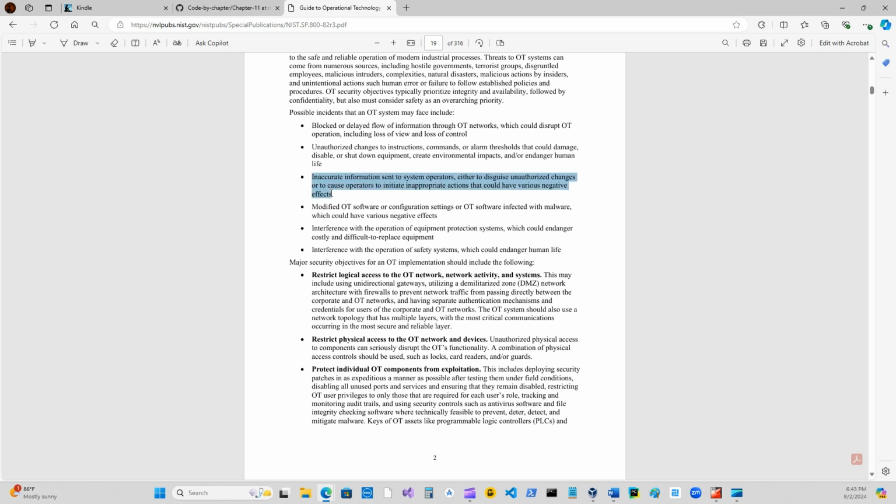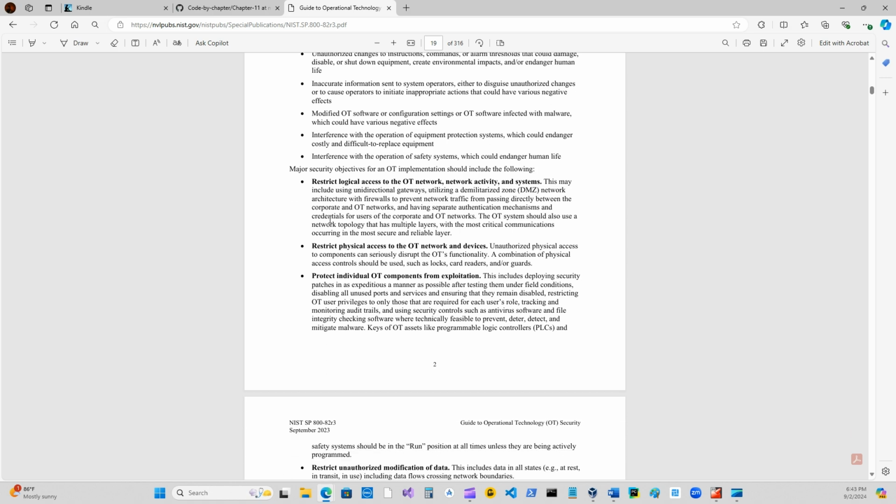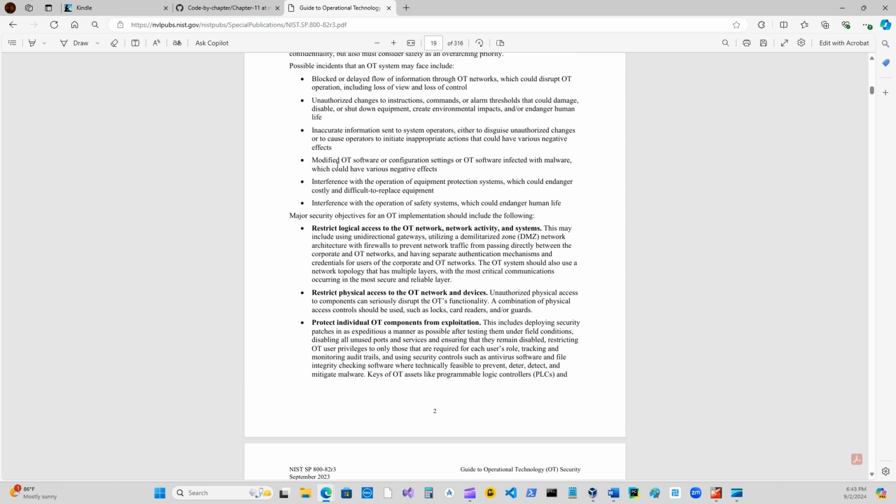They basically take readings, and I don't know if you can cause changes with our software, I don't remember if we could or not. But it sure does have readings and monitors and has effects on stuff. So if you can hack that, you might be able to do something in the physical world. Modify OT software configuration settings or OT software affected with malware, which could have various negative effects. Same thing. And this just gives you examples.